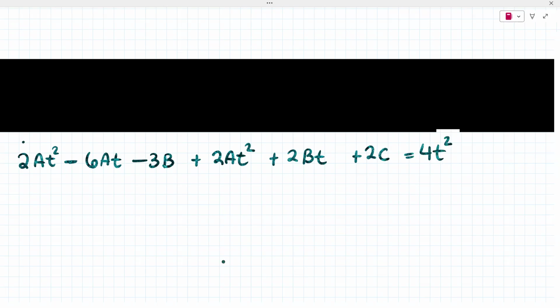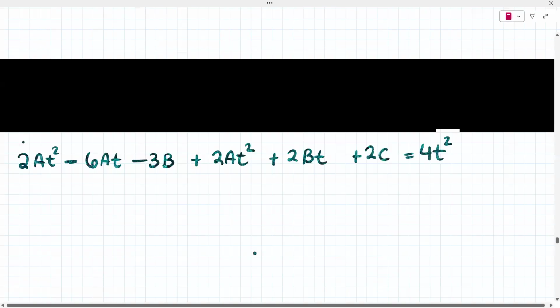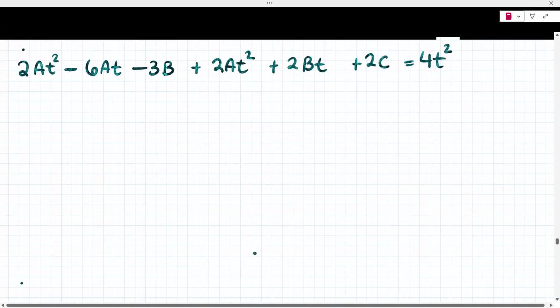Wait, I just rewrote it. No, what I meant to do was collect like terms.